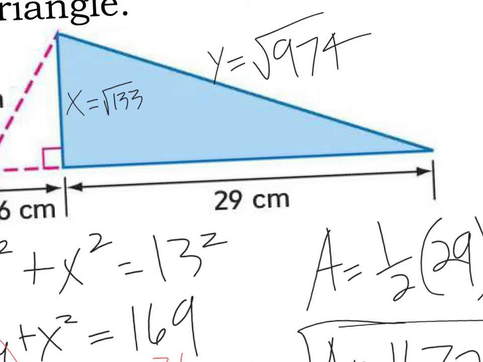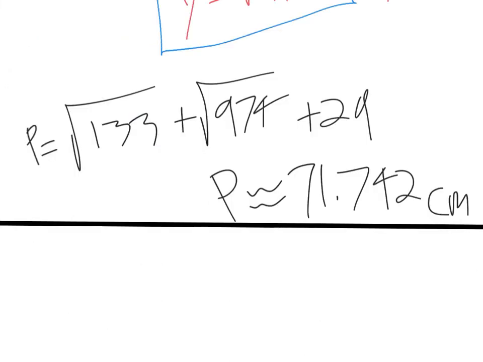So I'm going to use the square root of 974 for my y, and I'll just type these three numbers added together in my calculator and get the answer. So I get a final answer of about 71.742 centimeters. And so that's going to conclude these notes.